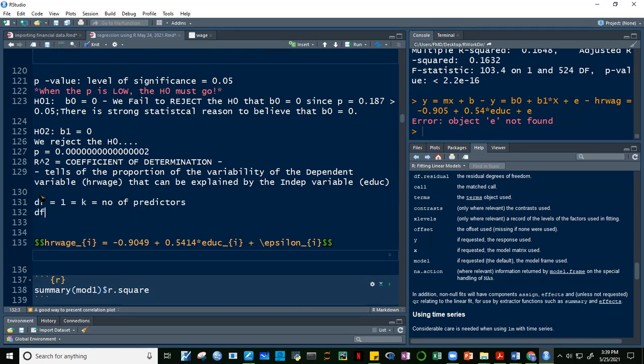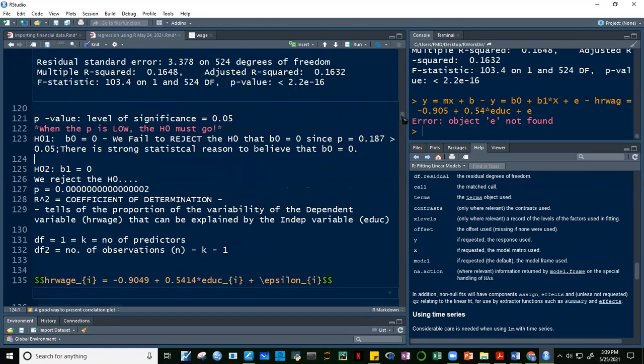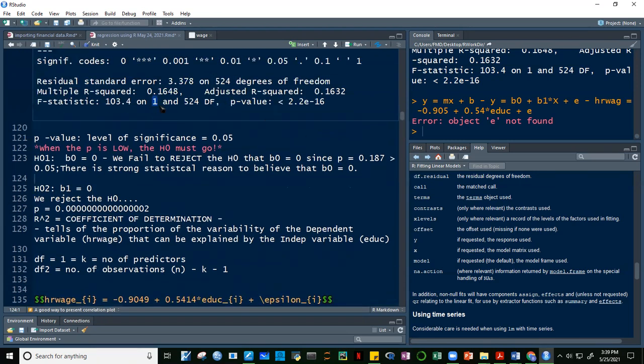Tapos yung df2, that's your number of observations, which is your n, minus your k minus 1. Alright, so tingnan lang natin, degree of freedom daw natin, dalawa, 1 and 524. Saan ang galing yan? So si 1, guys, is the number of predictors, yung k natin. Or others call this q. Okay, so ilan ba yung k natin? Ilan yung q natin? Isa lang, si education.